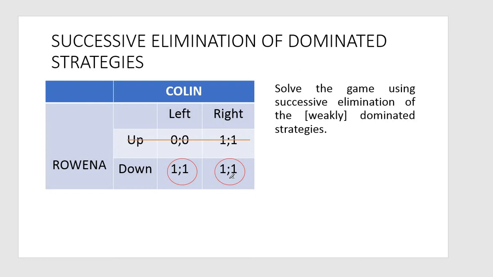Very informally, it makes no sense for Rowena to choose up over down, because then she will get either a worse outcome or the same outcome. So here we can eliminate this weakly dominated strategy, and as a result you've got 2 Nash equilibria.